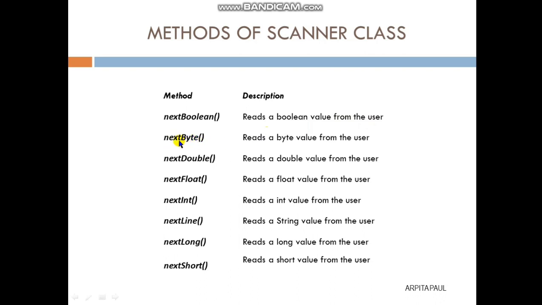Next one is nextByte. It is used to read a byte value from the user. nextDouble is used to read a double value from the user. nextFloat is used to read a floating type value from the user. nextInt is used to take integer type value from the user. nextLine is used to read a string value, that is a word or a sentence, from the user. nextLong is used to take a long type integer value from the user, and nextShort is used to read a short value from the user.